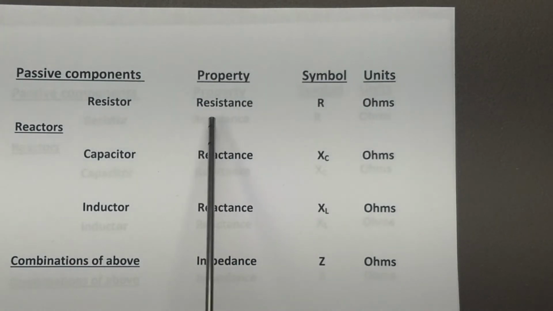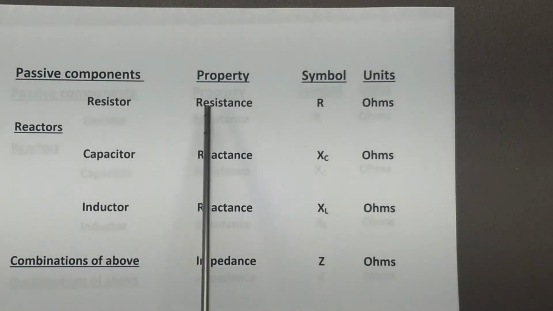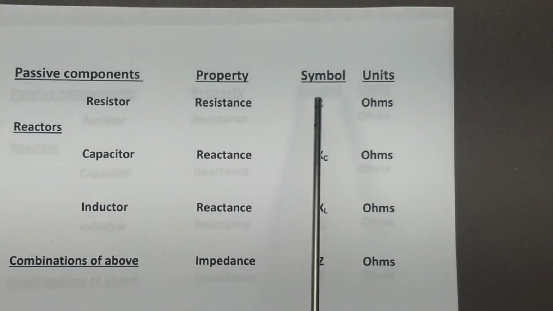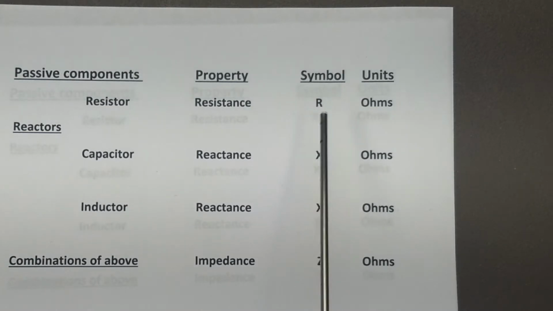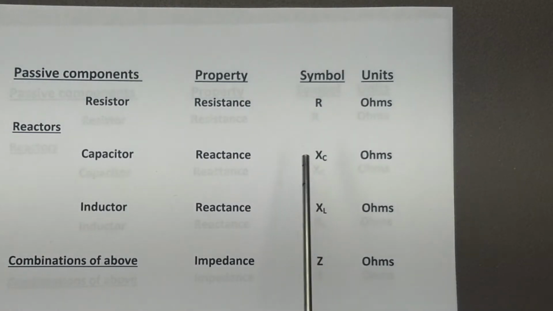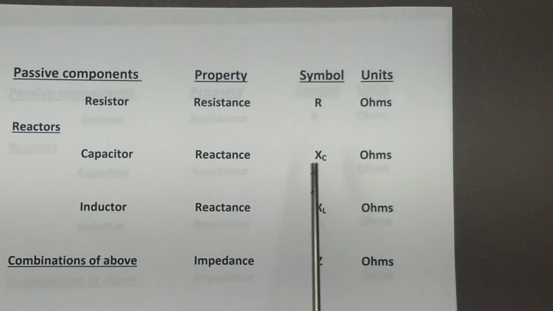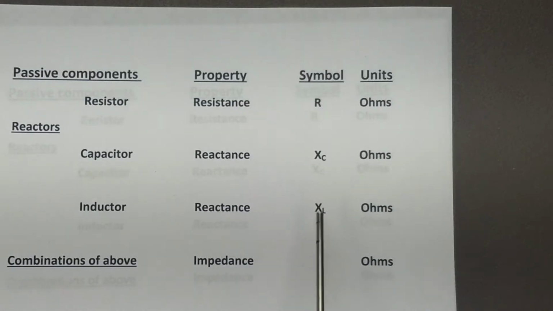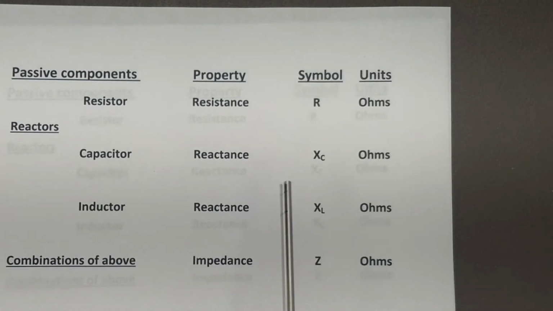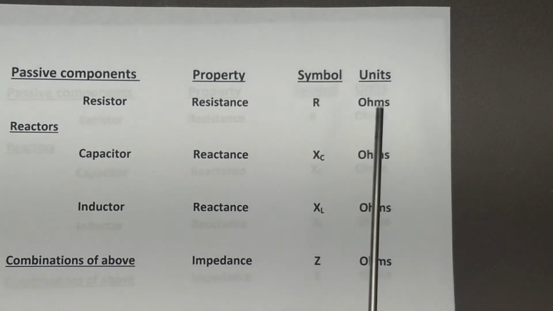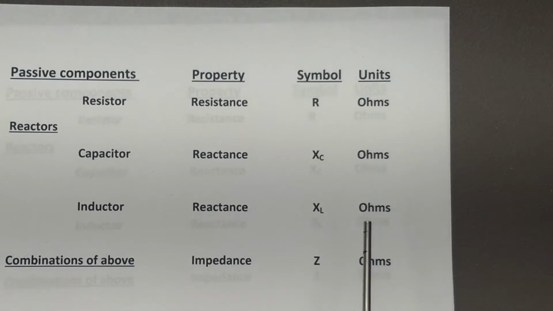Of course, the property of a resistor is resistance. And the symbols used are R for resistance, X sub C for capacitive reactance, X sub L for inductive reactance, and they all have the units of ohms.